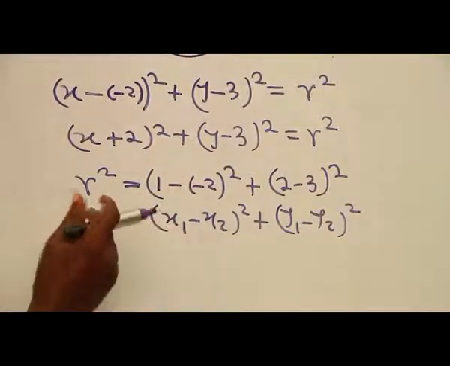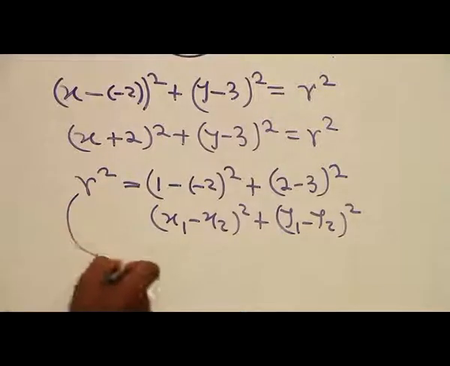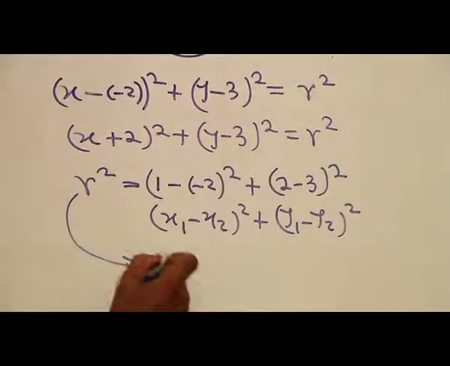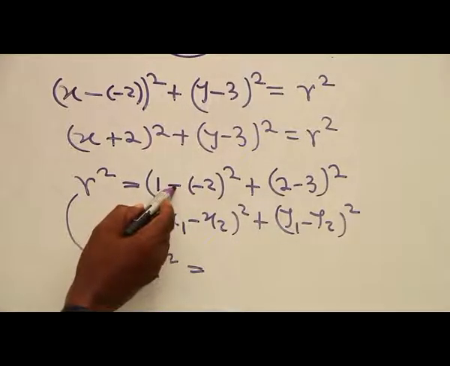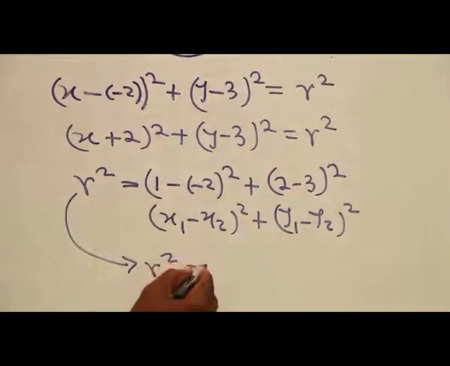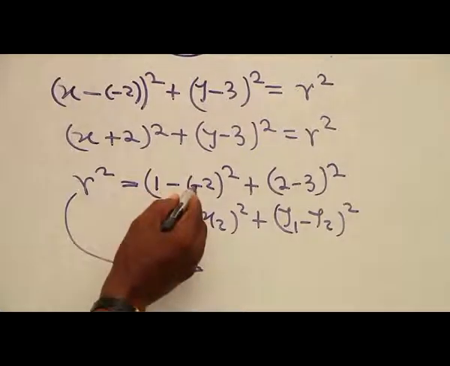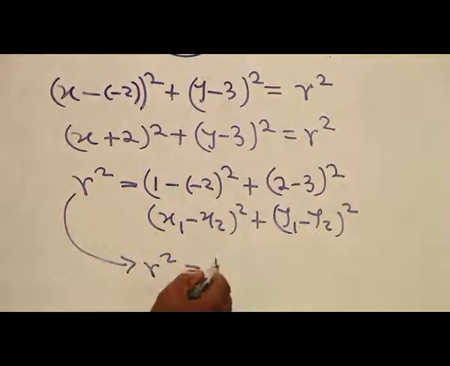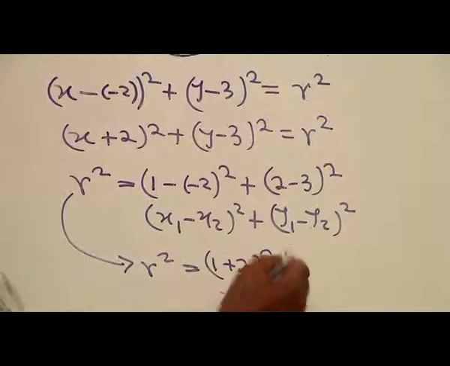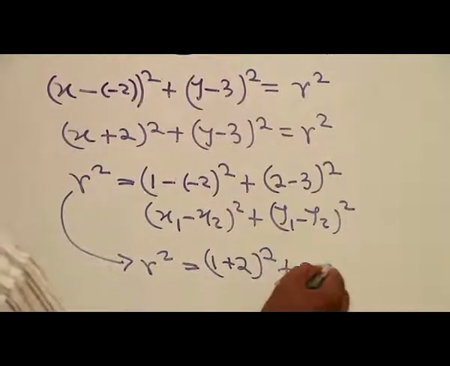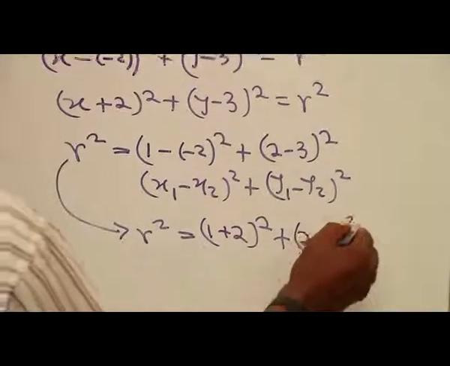Recall that. So when we simplify what we have here, we now have that our r squared will now be equal to this minus and this minus becomes plus, because minus times minus is positive. So we have 1 plus 2 all squared, and then of course we still maintain our 2 minus 3 all squared.